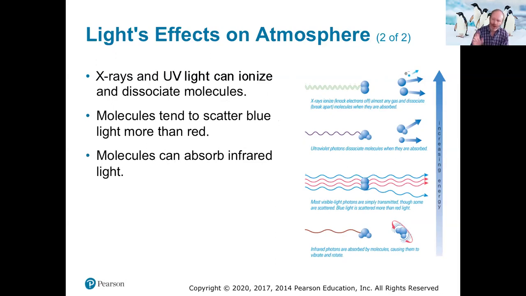Nitrogen is also usually in pairs. Water vapor is H2O, so that's 3 particles together. Those molecules will tend to scatter things. Blue is more energetic than red, so it scatters more easily, hence blue skies. Molecules can also absorb the infrared light.